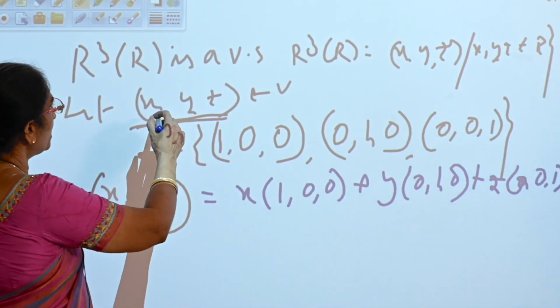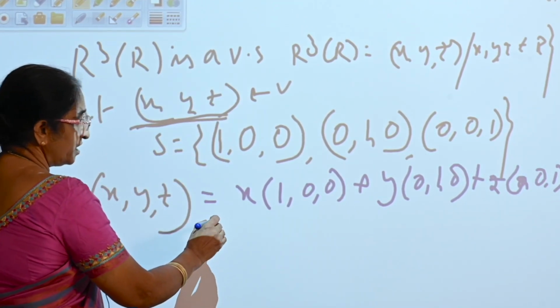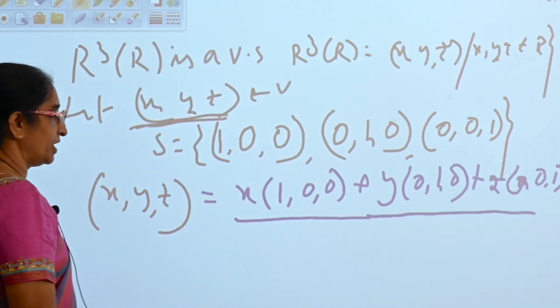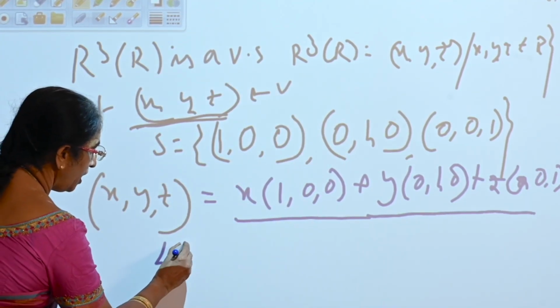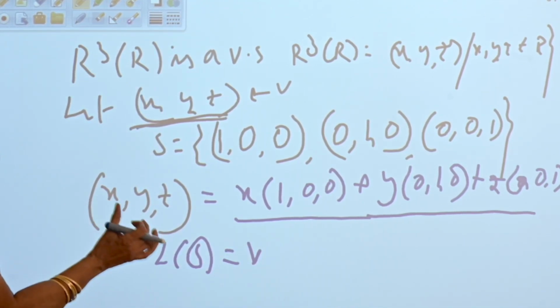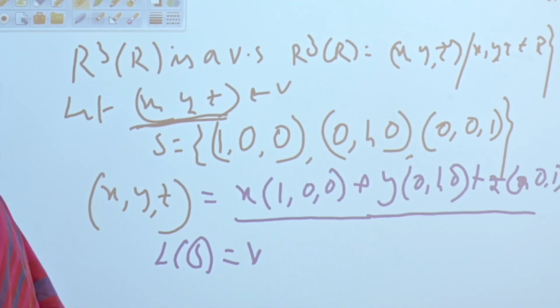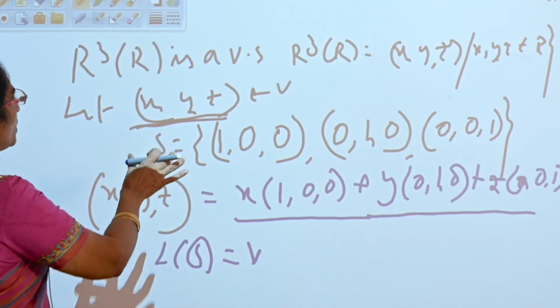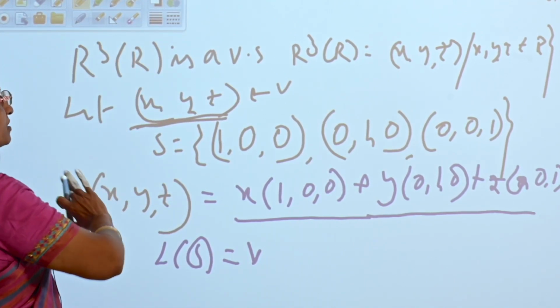So any element in R3 of R is written as a linear combination of the elements of S. Therefore, L of S is equal to V. Now, what are you able to say? L of S is equal to V and S is linearly independent. So, by definition of basis set, it will be the basis of R3 of R.